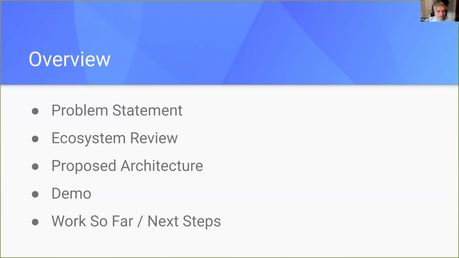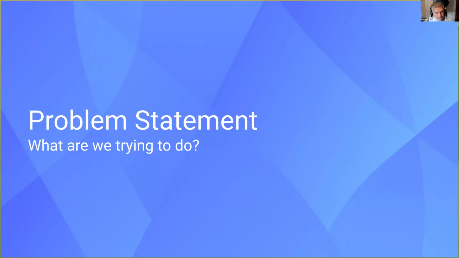So today I'm going to go over the problem that we encountered that motivated us to build this in the first place, a review of the existing ecosystem tools, why we couldn't identify anything that already did what we needed to do, the proposed architecture for 3668, a very short demo of how it works in practice, and then some more information on what we've done so far and what our next steps are. So first of all, it's really useful to start by talking about what it is that we're actually trying to do and why we found the need for a standard in the first place.